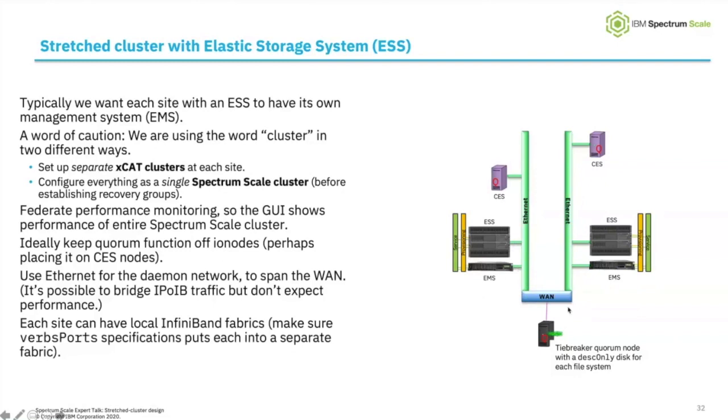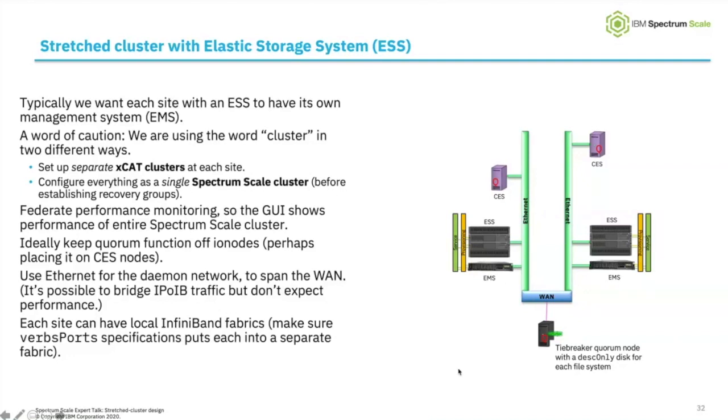What you don't want to do instead is try to avoid the cost of long distance RDMA by using Ethernet to InfiniBand bridges, and they only bridge IP over IB traffic. And IP over IB traffic leaves an awful lot to be desired.